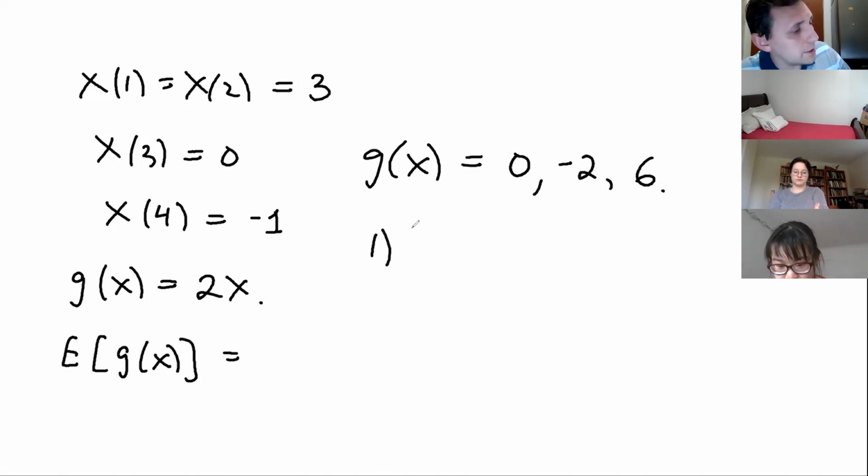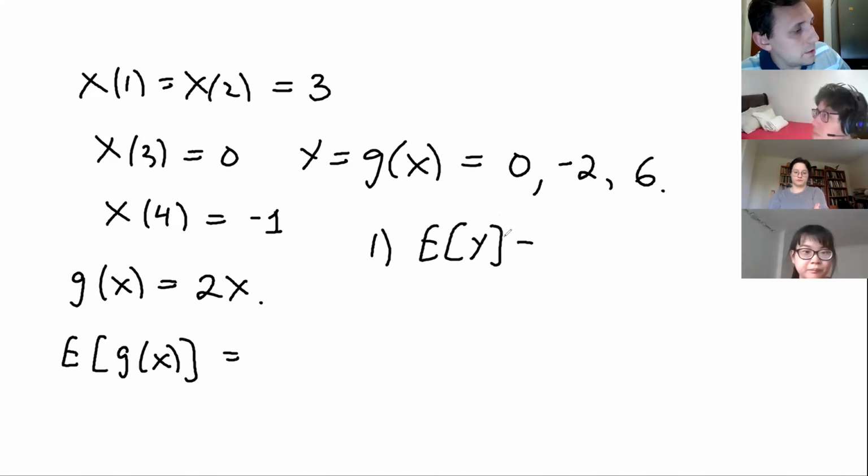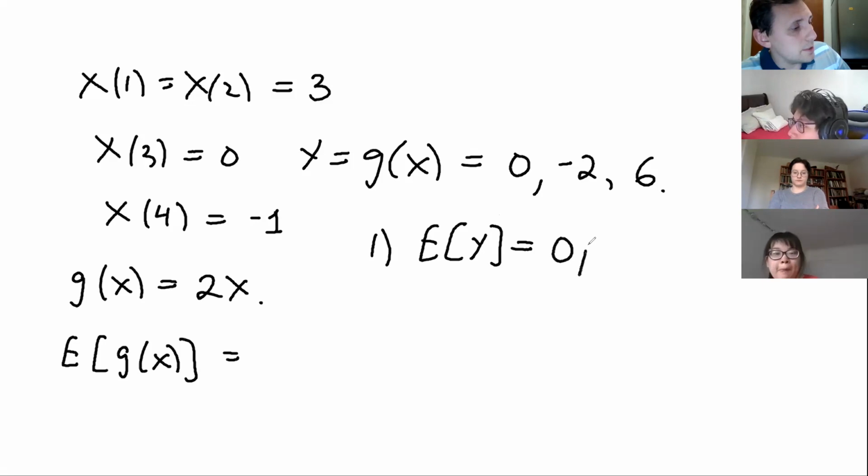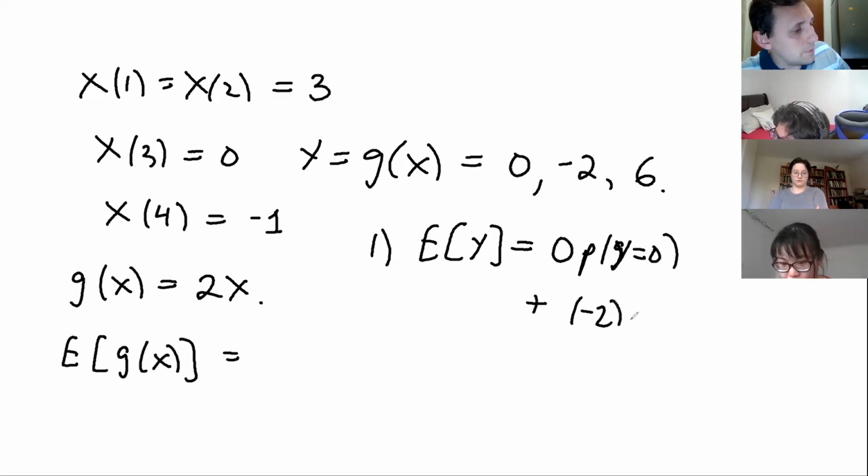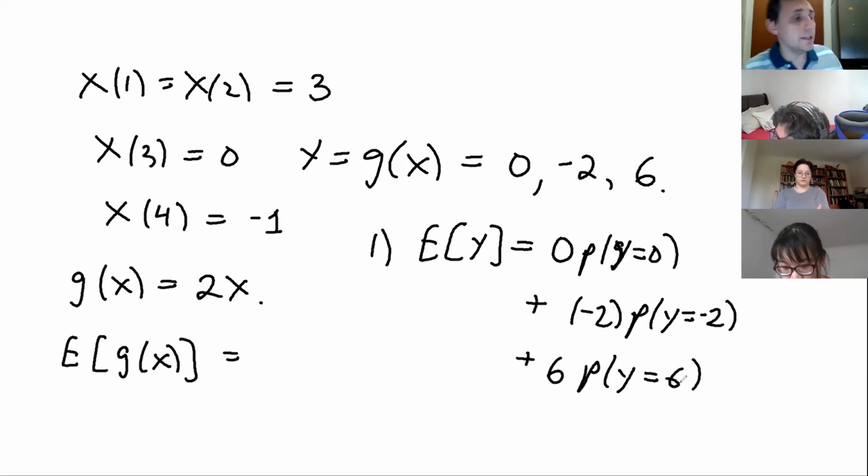And one way to calculate the expected value, if I call this Y, is to say the expected value of Y is simply 0 times the probability that Y is equal to 0, plus -2 times the probability that Y equals -2, plus 6 times the probability that Y is equal to 6. This is by definition. So far good? We know those probabilities. The first part is just 0. Second part, it's -2. When is Y equal to -2?